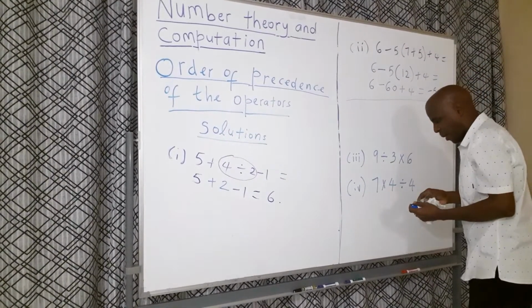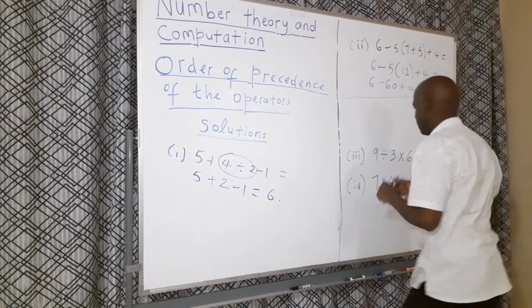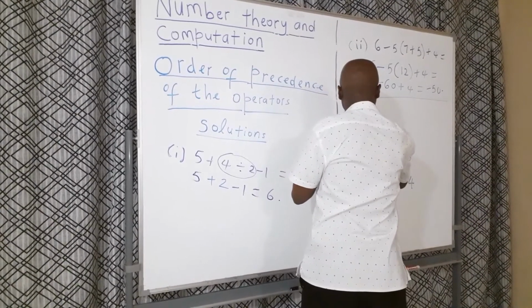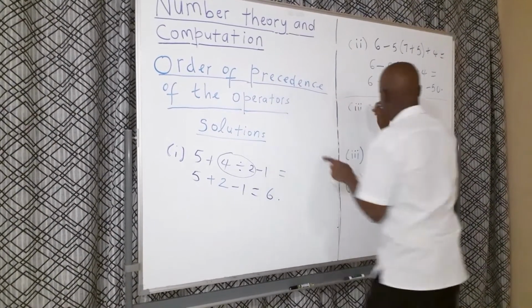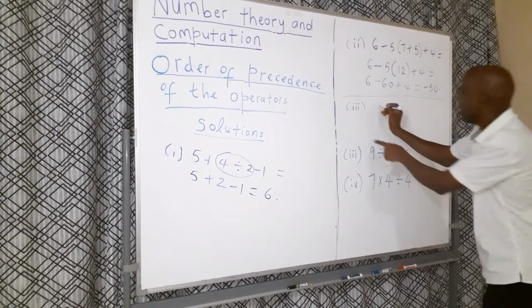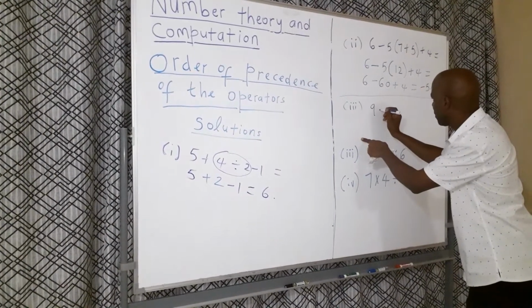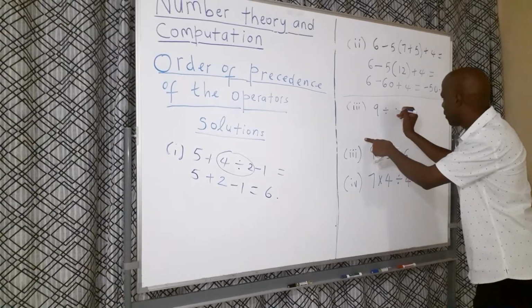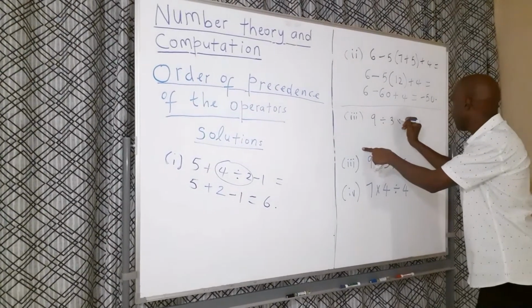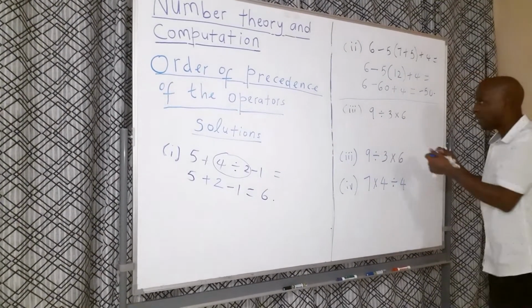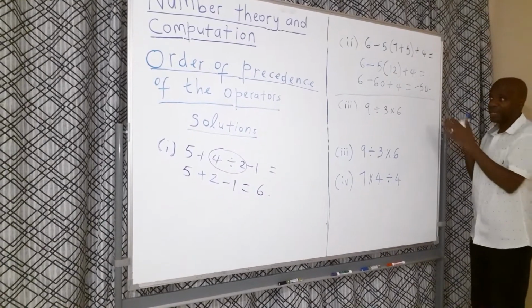Now for part 3. Watch carefully. That which is given is equal to. I will practice writing the question first. In terms of multiplication and division, both of them are on the same level.